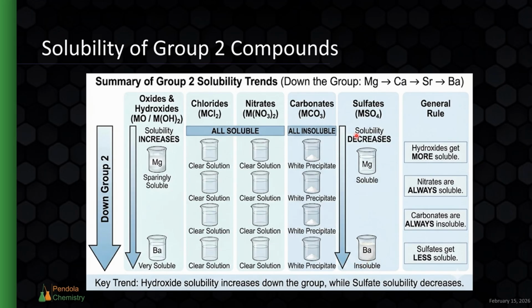So this is just a little graphic that can help you remember the general solubility rules for the most common compounds we work with: sulfates, carbonates, nitrates, chlorides, and hydroxides and oxides for group 2 elements. Now, you do have to remember, these are solubility trends, solubility rules, meaning that in order for any of these to apply, there needs to be water involved.